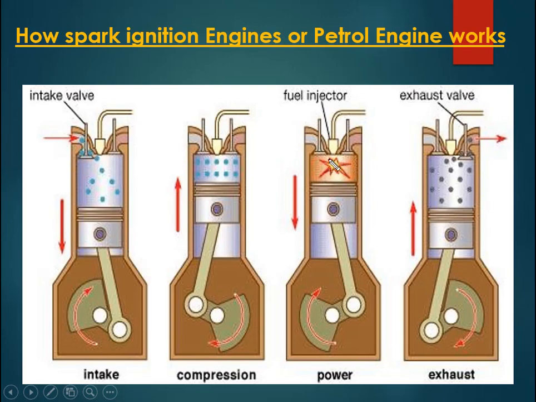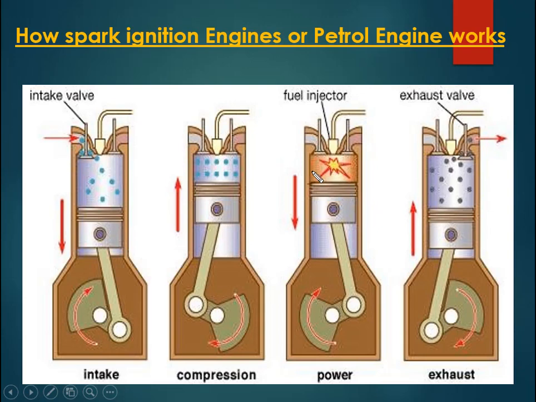Due to the combustion reaction, the volume expands and the pressure increases, so it moves the piston in the downward direction. This is also called the power stroke, and this is the reason for which we are doing all these things. This provides the energy to the car or any motorcycle or bike.